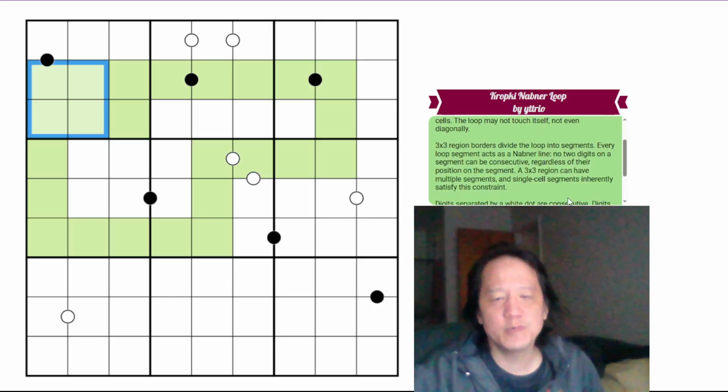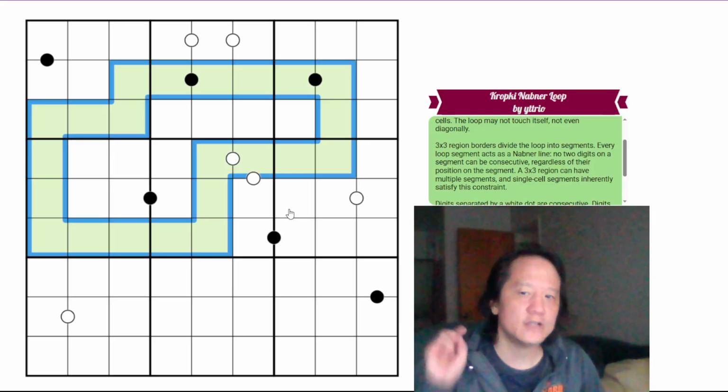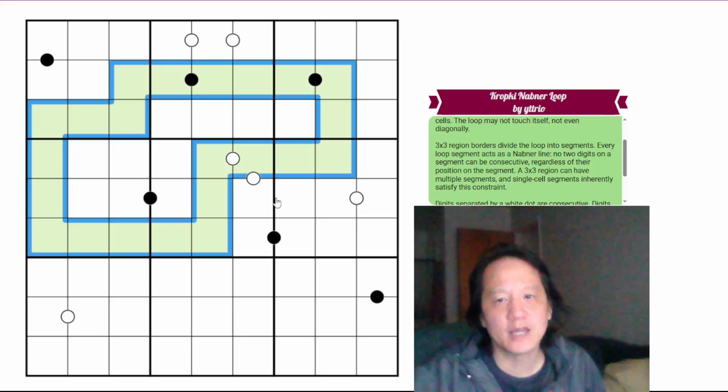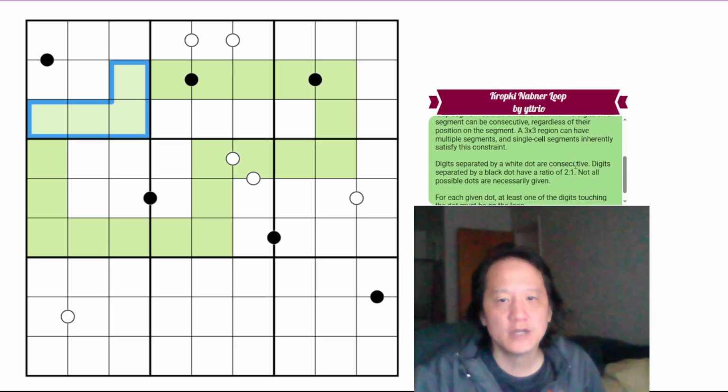Also, 3x3 region borders divide the loop into segments. Every loop segment acts as a Nabner line. That is, no 2 digits on a segment can be consecutive, regardless of their position on the segment. And a 3x3 region can have multiple segments, and single cell segments inherently satisfy this constraint. Okay. Yeah, I mean, that makes sense.